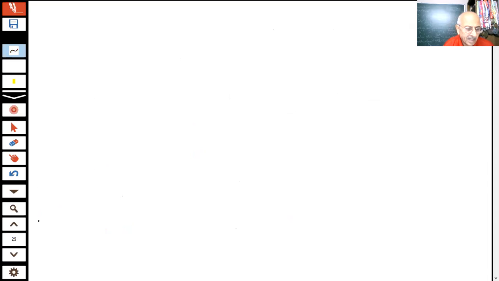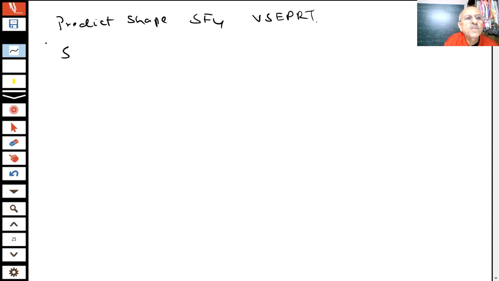Okay, I'll take one more example. Predict the shape of SF4 using VSEPR theory, students. Sulfur is in which group? Oxygen, sulfur, selenium.